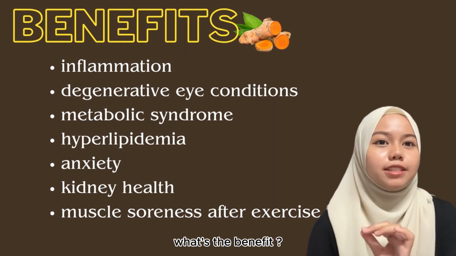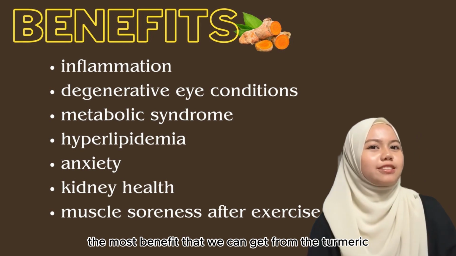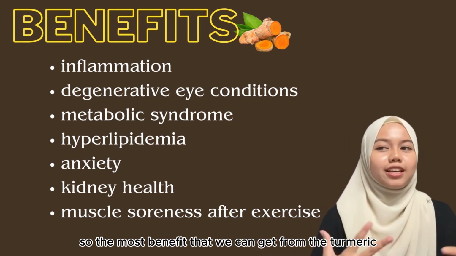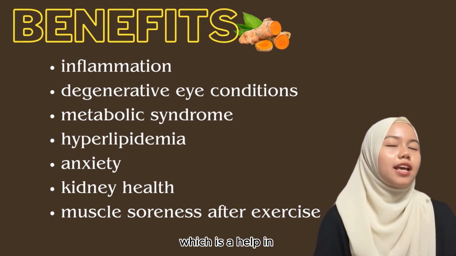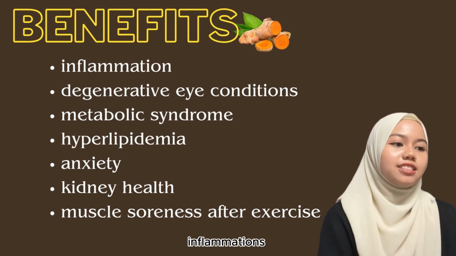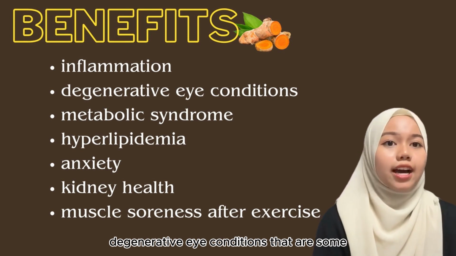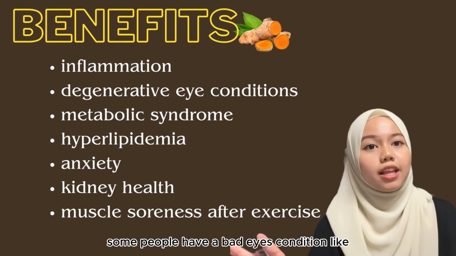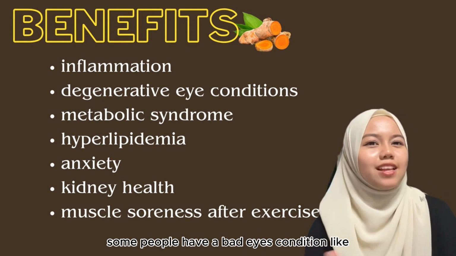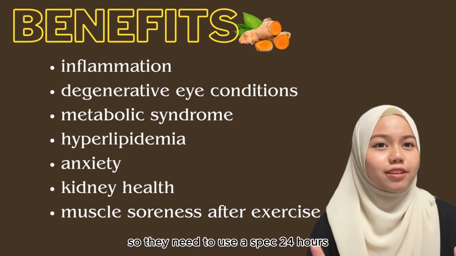So I will continue to explain about the benefits. What's the most benefit that we can get from turmeric? The most benefit that we can get from turmeric is that it helps in inflammation and degenerative eye conditions. Like some people have a bad eye condition, so they need to use spectacles.